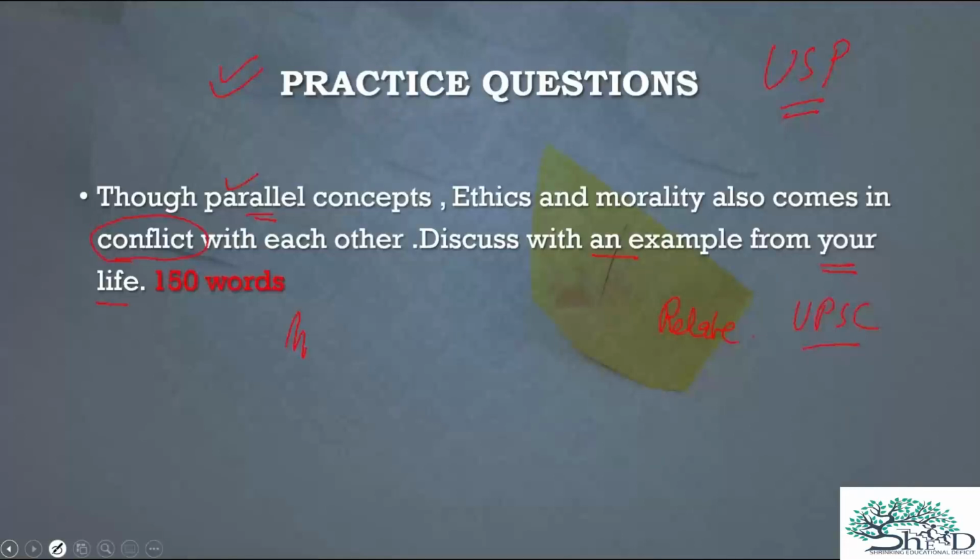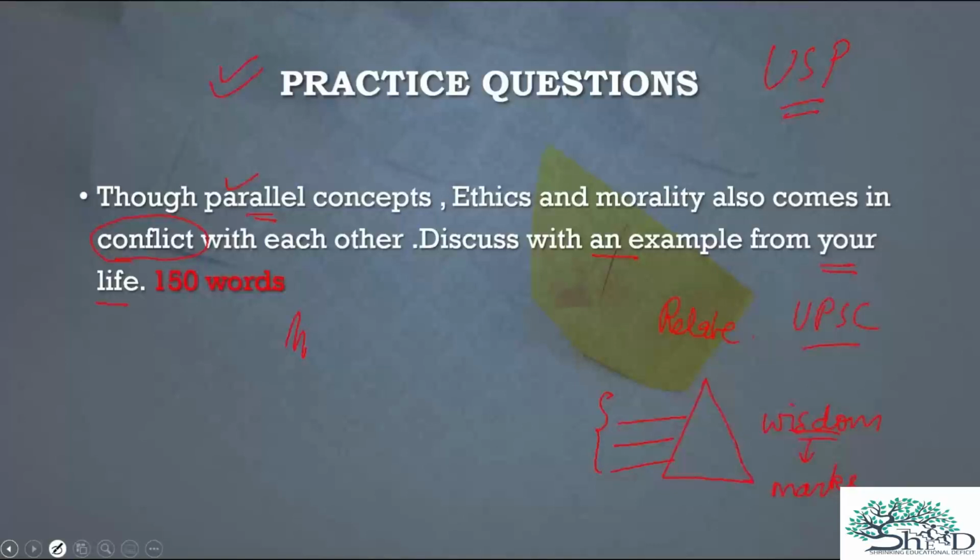So UPSC wants you to develop an ethical attitude, and as I've said, please develop that ethical prism, which leads to wisdom, which leads to marks. Surely you will score good marks. Don't worry about that. So let's move on to the question.